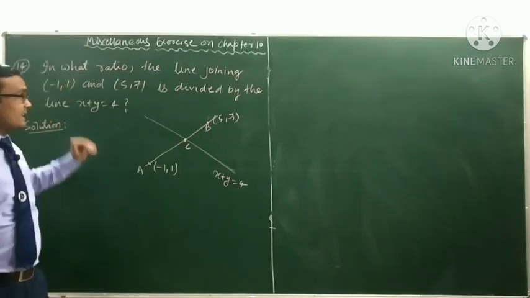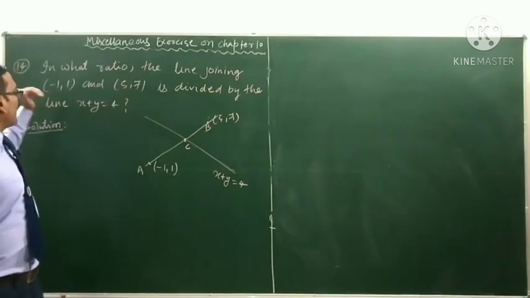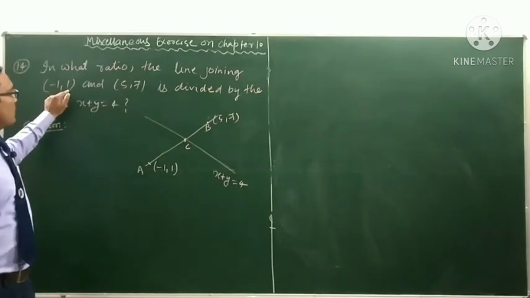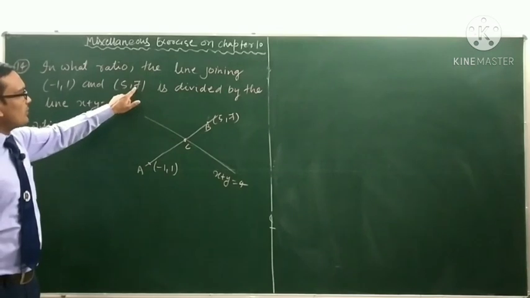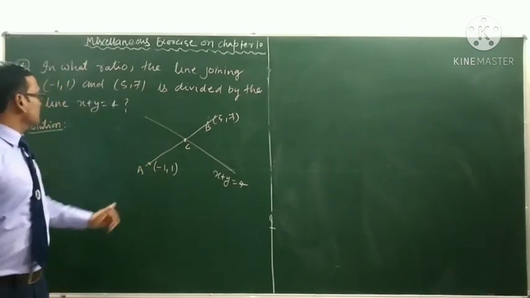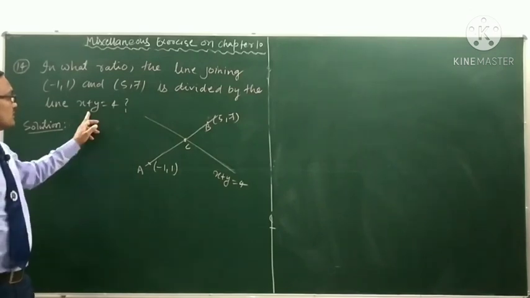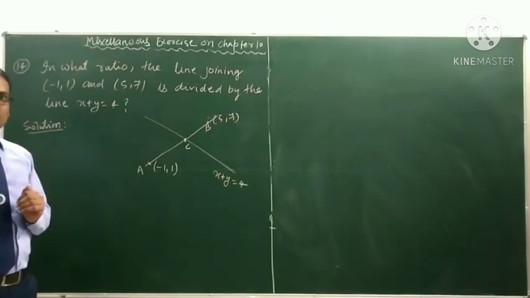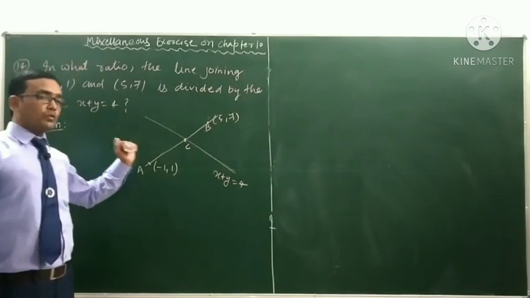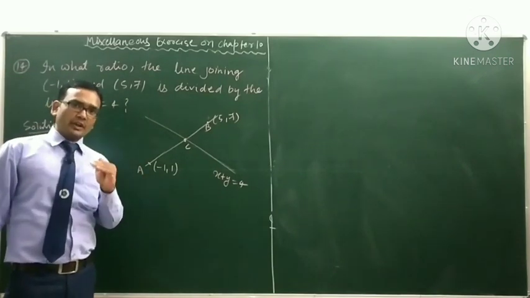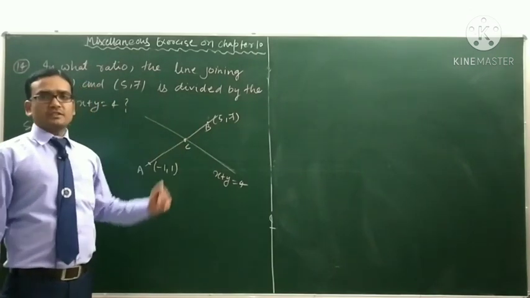That means in what ratio the line joining (-1, 1) and (5, 7) is divided by the line x + y = 4, we will find the ratio AC to BC.